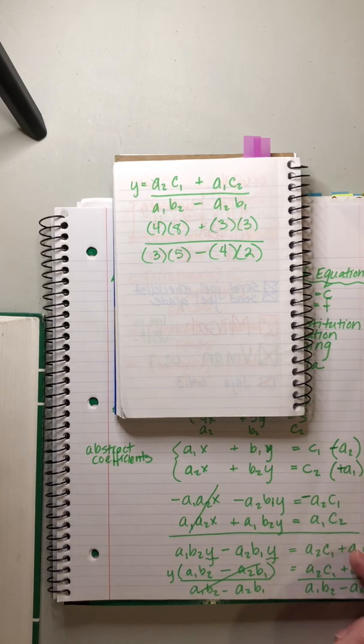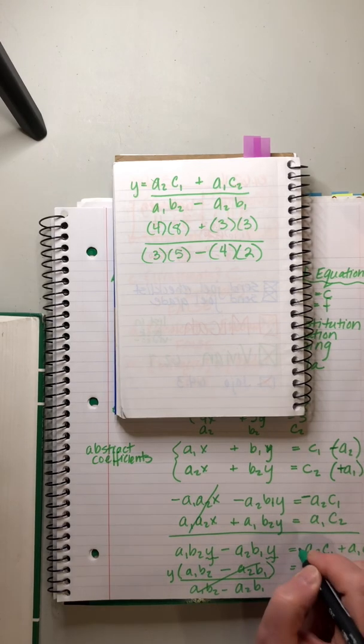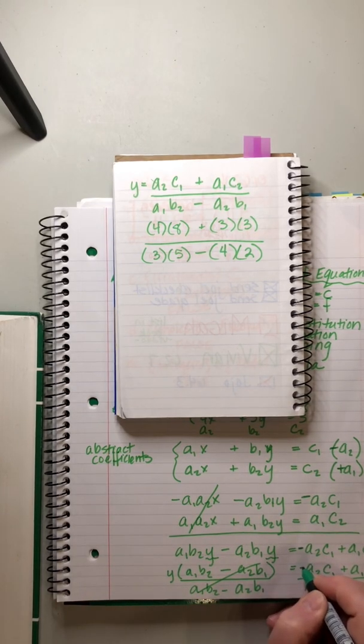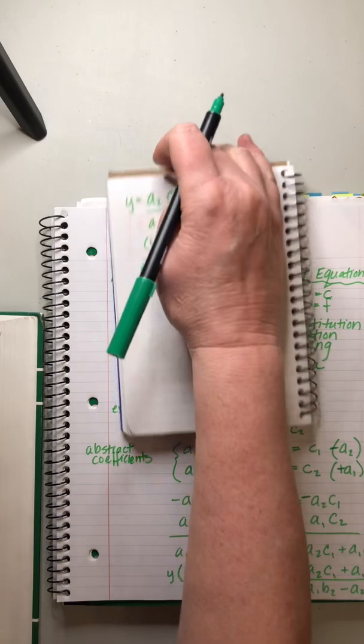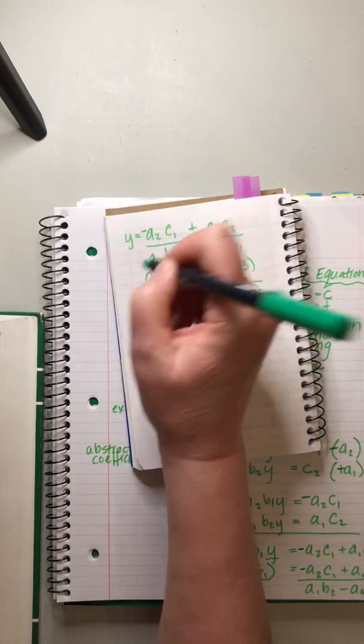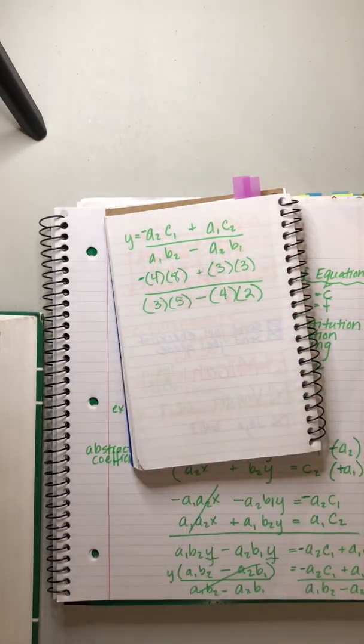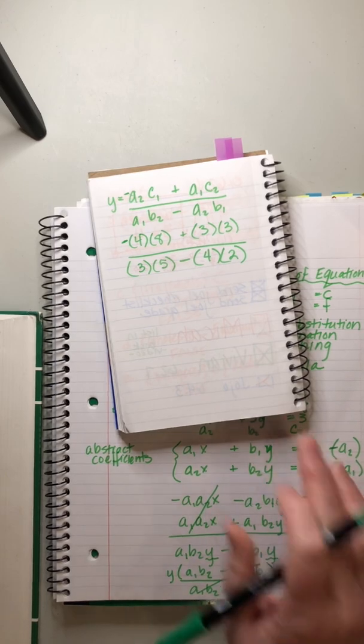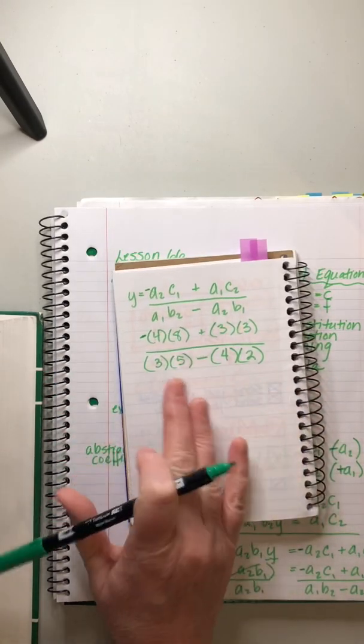So that means the A2C1, this should have a minus sign. A2C1, this should have a minus sign. And then up here, this should have a minus sign. Okay. So, let this be a lesson to you kids. When you're distributing, when you're doing your multiplications, don't drop your signs.